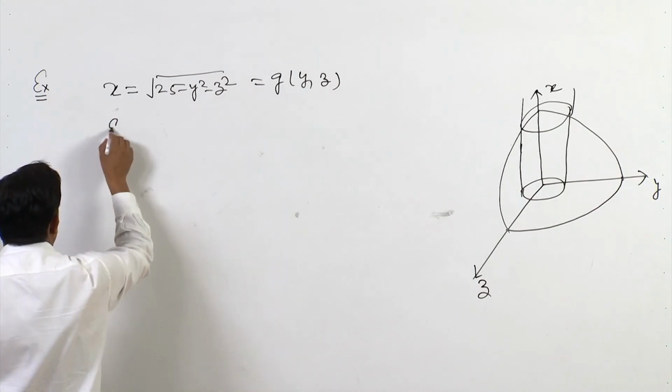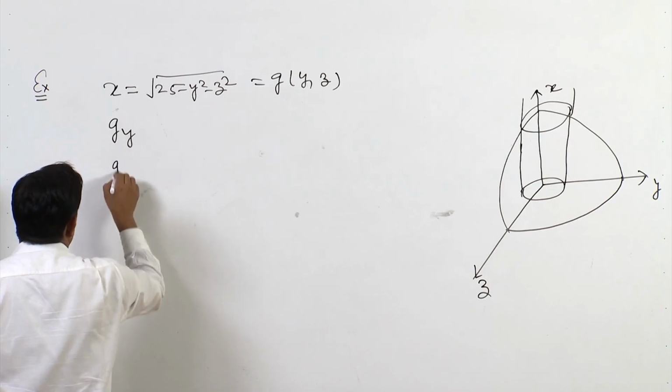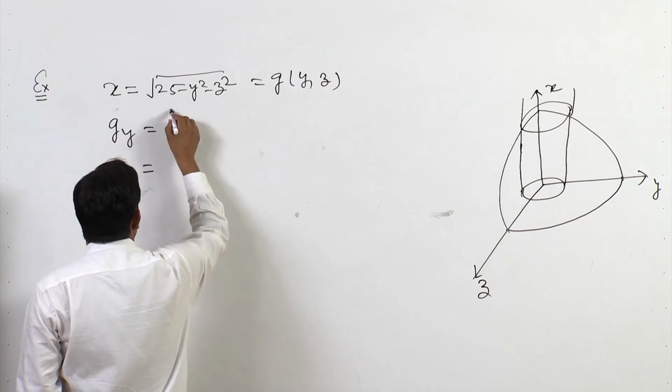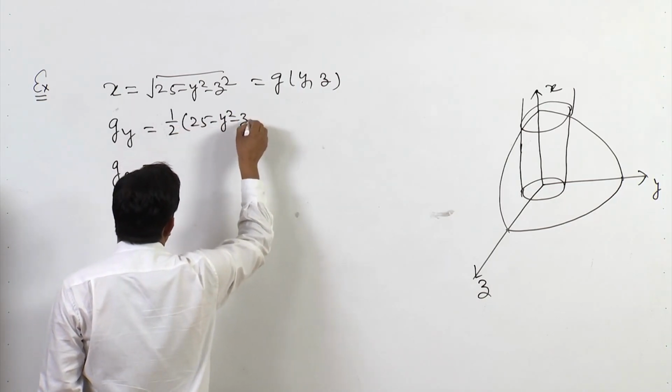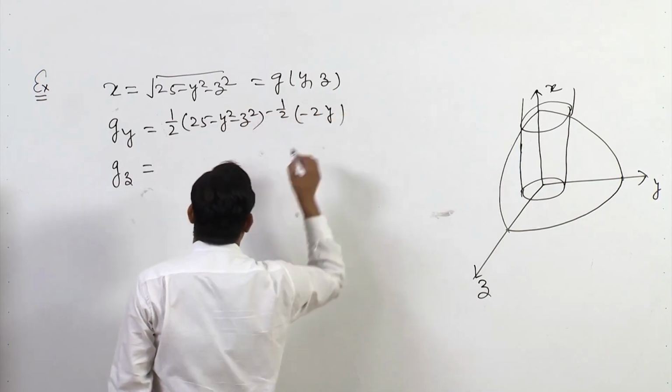So, I will calculate g y and g z. g y will become 1 by 2 times 25 minus y square minus z square to the power minus half into minus 2y.